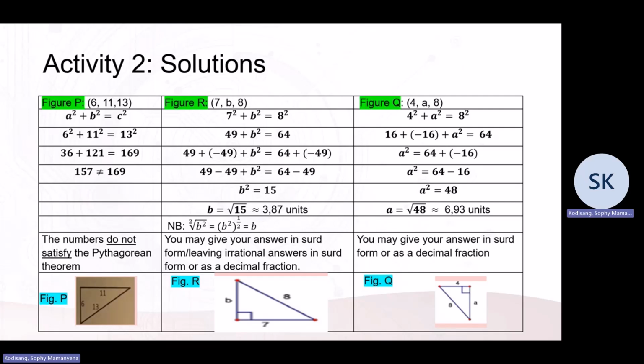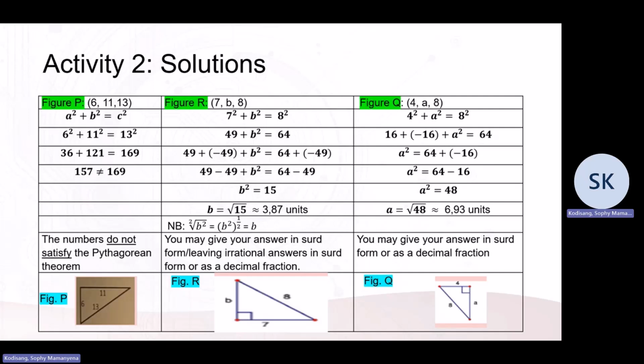But we are not interested in B squared, we have to find B. And to find B, we need to introduce the square root. Therefore, the value of B will be the square root of 15. In grade 8, you are expected to leave the answer in surd form. The surd form in this case is the square root of 15. But in grade 9, you can further leave the answer as a decimal fraction.